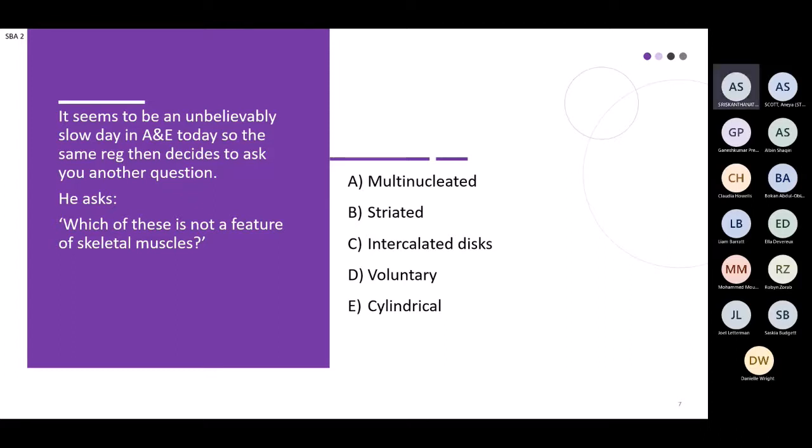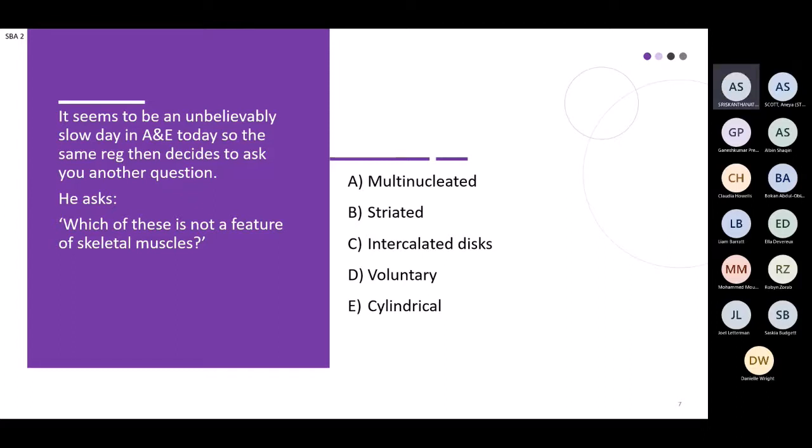Give it about 10 more seconds. Okay, I'm going to stop the poll now.